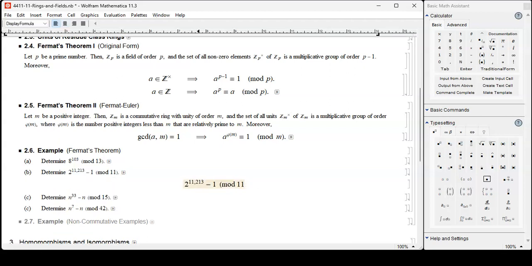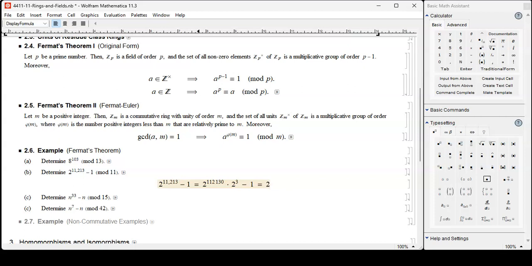So this thing is 2 to the 11,210 times 2 to the 3rd power minus 1. That's it, isn't it? This one here is divisible by 10.